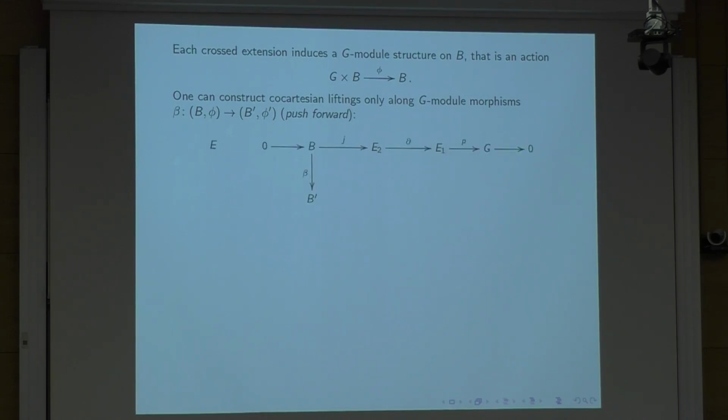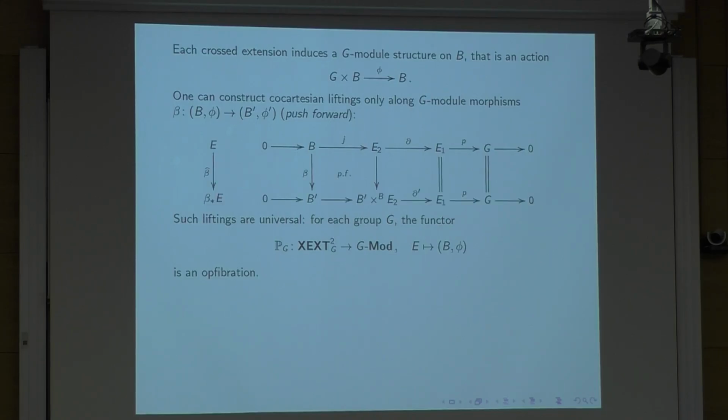And there is a construction which gives another extension along this G module morphism, beta lower star E, which has the same co-kernel. And so we can have again an opfibration, but just between fibers of the previous functor.